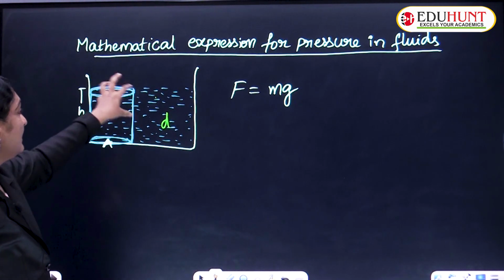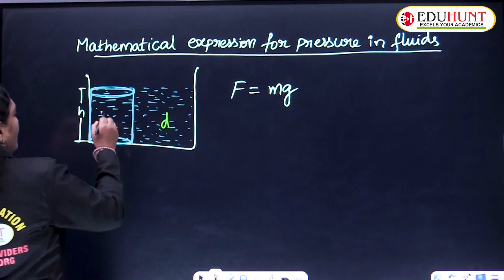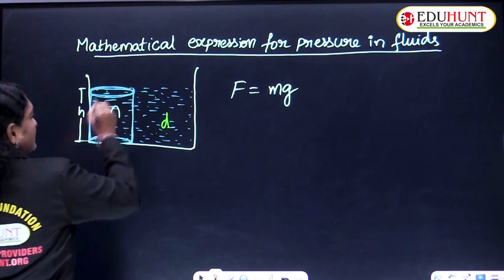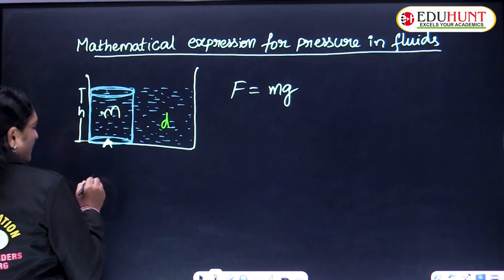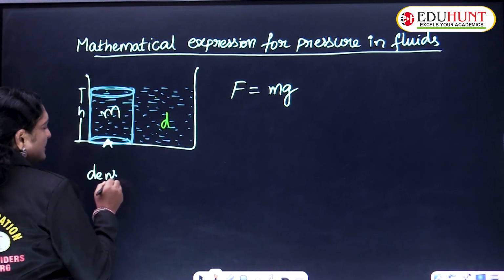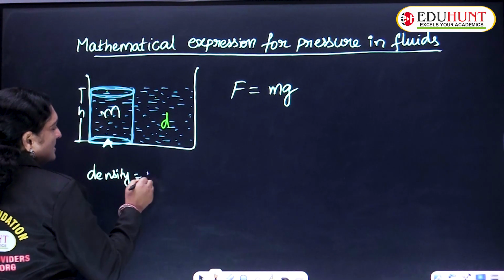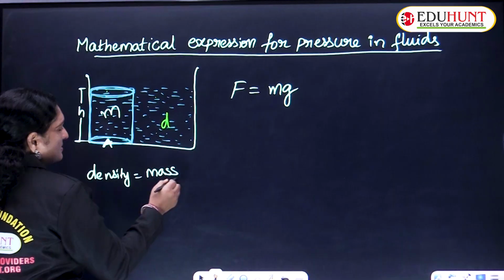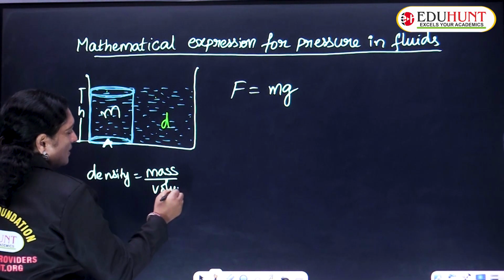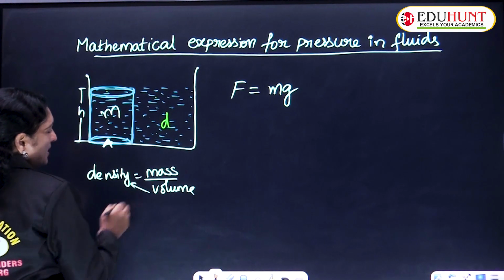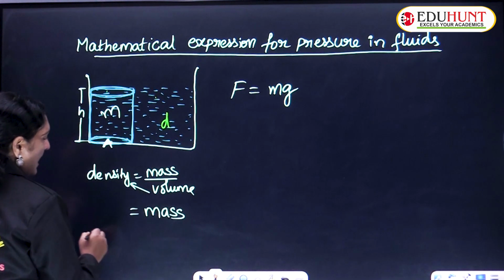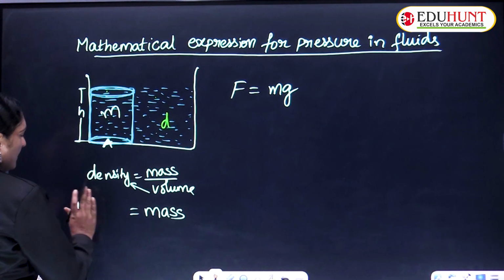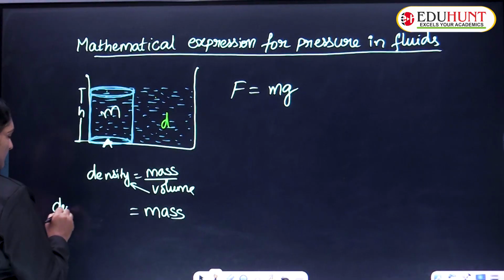What is m? m is the mass of the complete fluid in this cylindrical portion. But from the formula for density, we know that density equals mass by volume. So if you bring the volume to the other side, we can write the mass as density into volume.